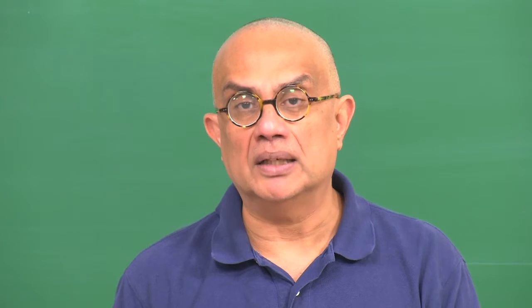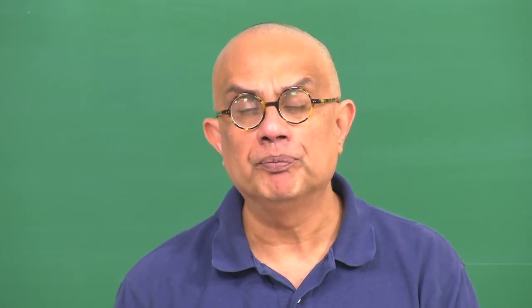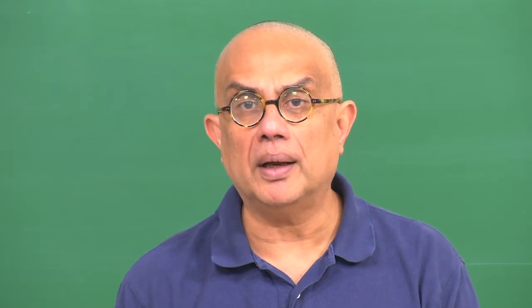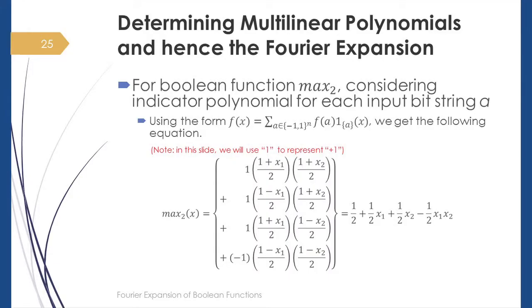Once again, rather than going through a general method which we are headed towards, we assure you, we will take a look at the example of the max2 function, and once again sort of magically work out as if we know what the solution should be, but at least understand structurally what an indicator polynomial ought to look like.